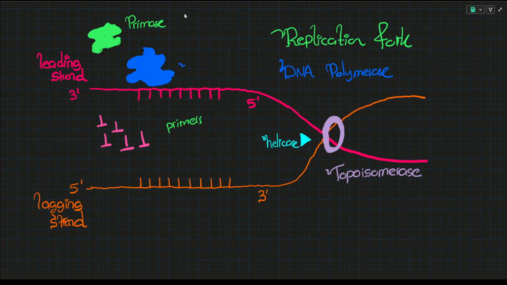Primers were just a method of showing the starting position of DNA replication. Now DNA polymerase is going to keep adding these free nucleotides, DNA bases, like so, all the way down the leading strand.